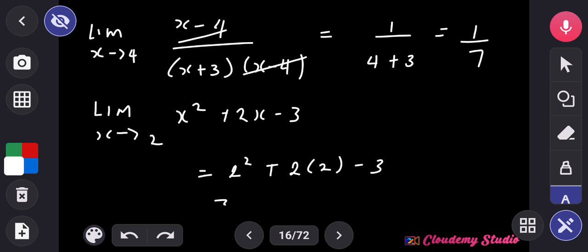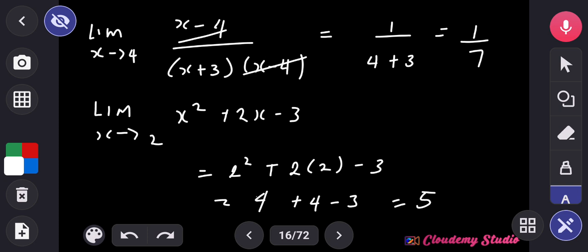You understand? So 2 squared equals 4 rather. So that is 4 plus 4 minus 3. And that is equal to what? That is equal to 5. You understand? So that is how to solve limits when you're having limits of a function.